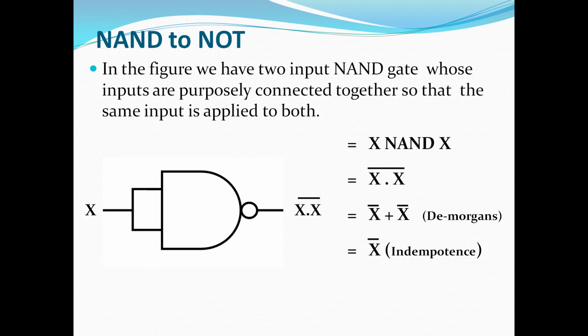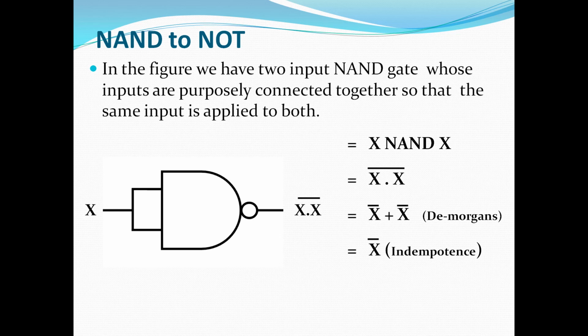So the input is x NAND x, the output is (x dot x) whole dash, then apply De Morgan's theorem.